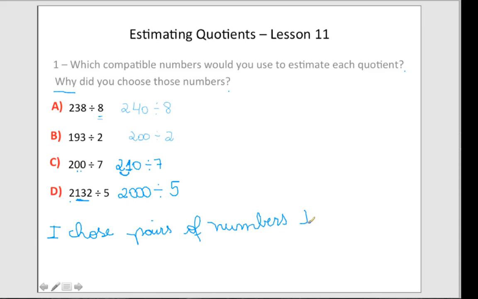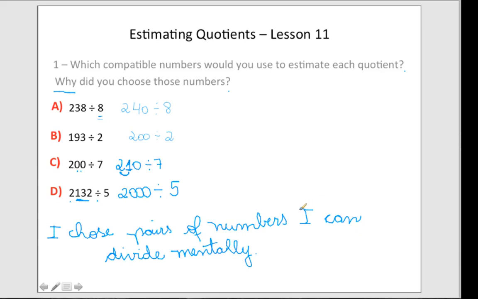I can divide mentally or easily, okay? I will write here mentally. Period. Okay? Question 2 now.